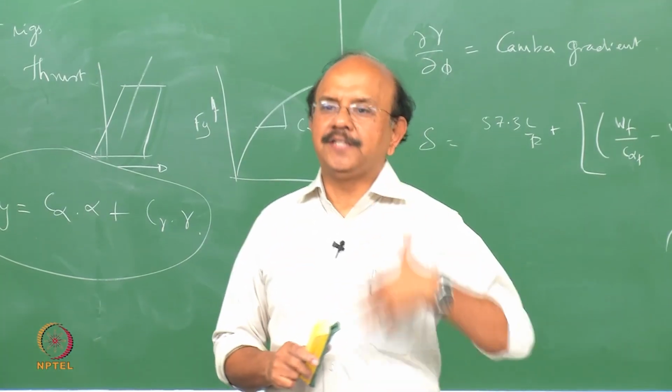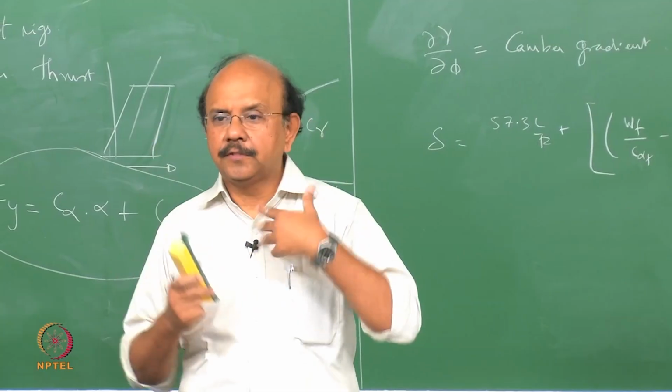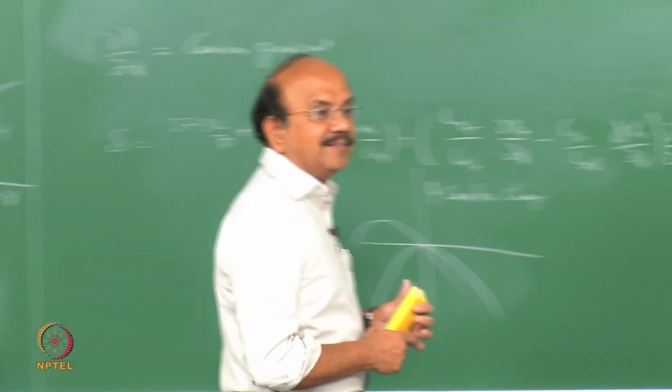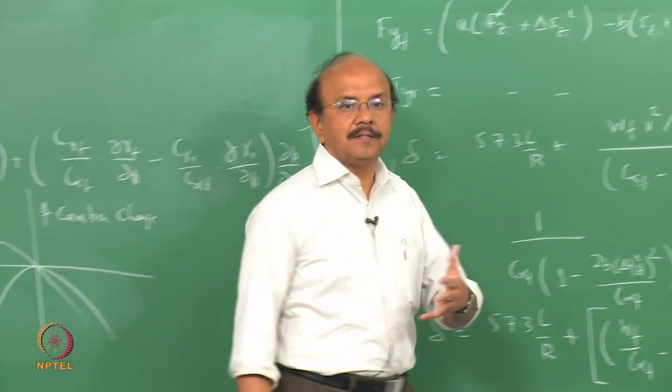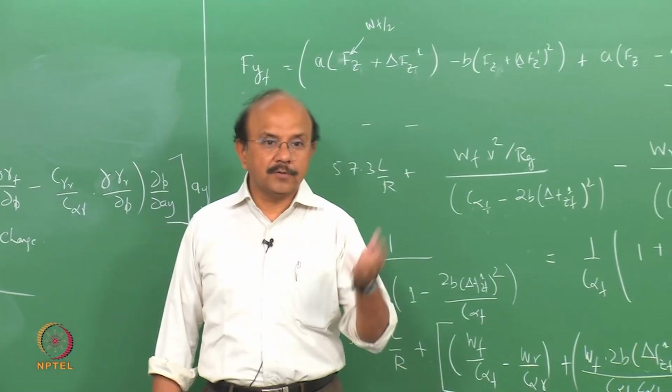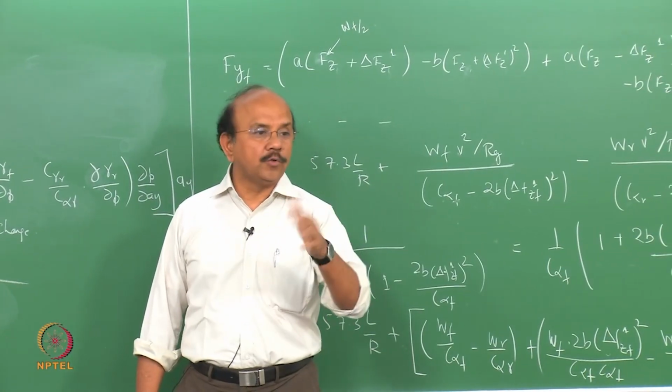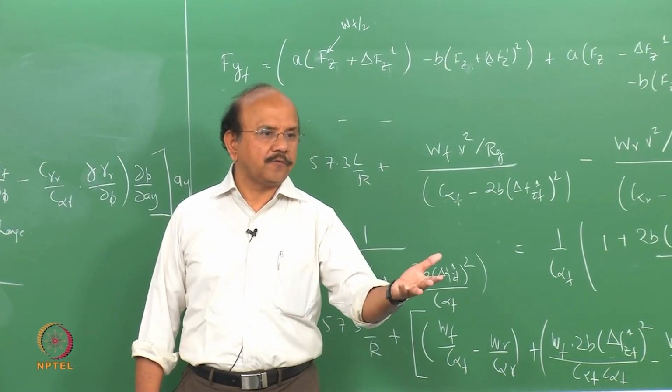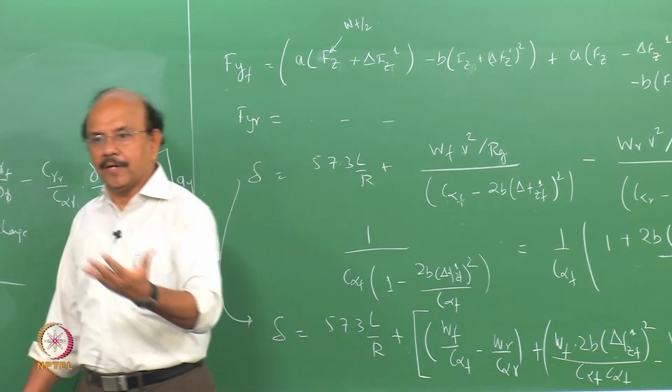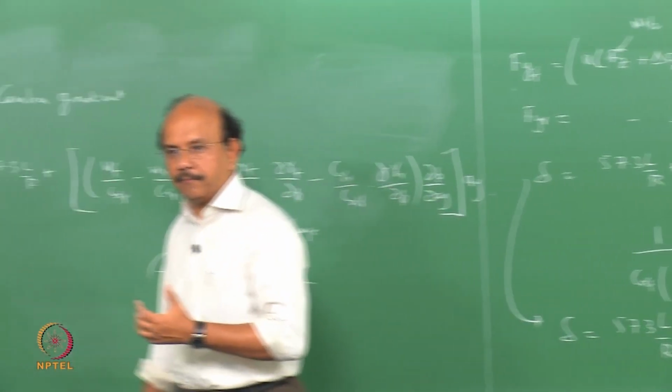But if your speeds increase, that's where trouble starts, then these transient effects become important. Unless you are very alert, the amount of steering you give now depends upon this transient effect. That's why we are looking at these things closely.